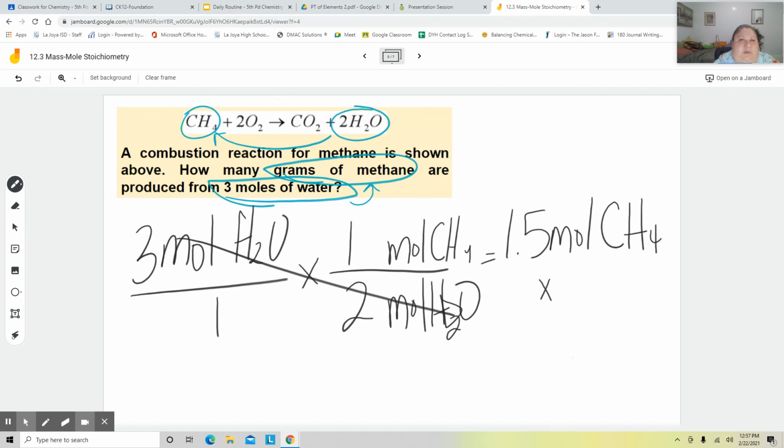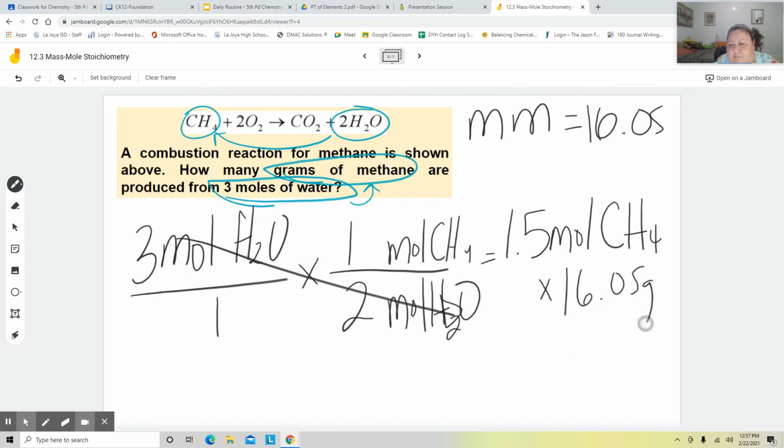And then I need to multiply by the molar mass. And I think earlier we said that the molar mass of methane was 16.05. What's my final answer?